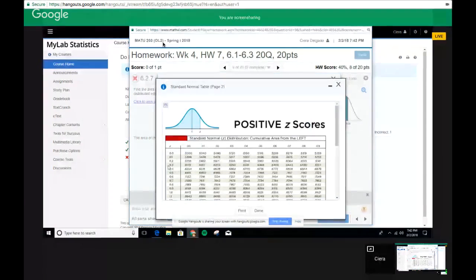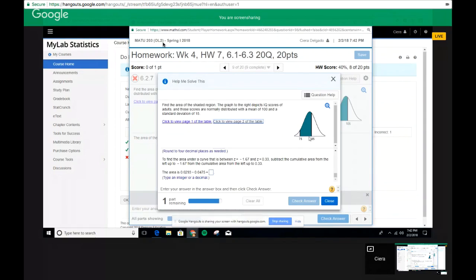Otherwise it would have told us to look at 0.00. What we're saying here is at 0.33, it's 62%. So 62% of people have an IQ of 75 or less.